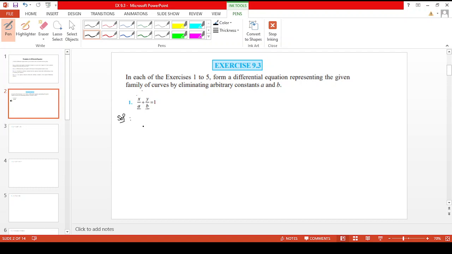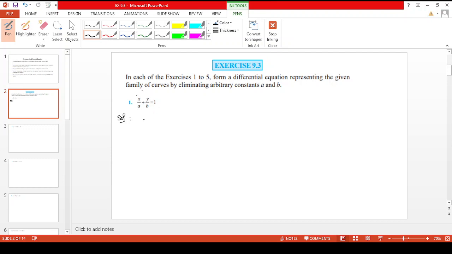So the number of arbitrary constants is 2. What is the second step? We need to differentiate the given curve twice, because the number of arbitrary constants is 2, and then eliminate the arbitrary constants after that. The remaining equation obtained will be the differential equation for this curve.